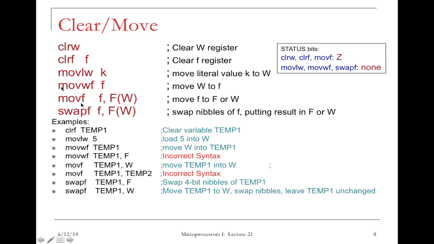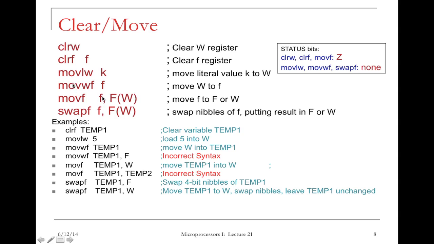The next one, move F, comma, FW. Okay, let's look at what this instruction is trying to do. This again is trying to do move or copy. F, that is to say, you need to have a register as the operand. So let's say we do variable 3.